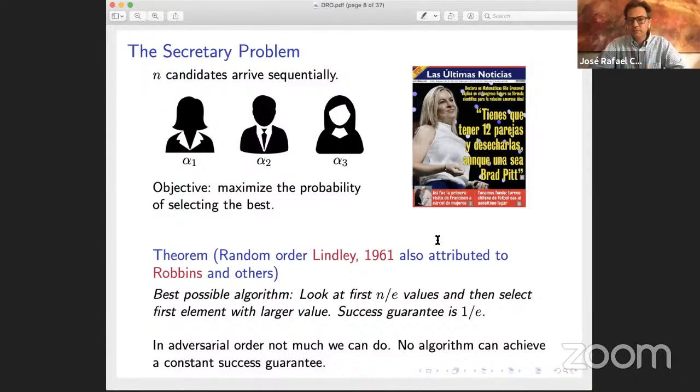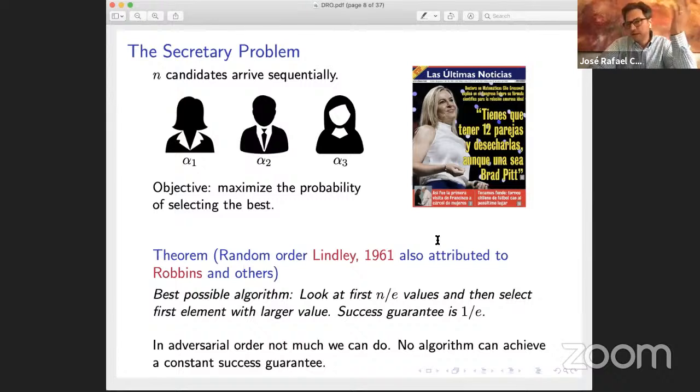So you look at the first n over e values, so roughly 37% of the values, and do nothing with these values. And after that, you select the first value that's larger than everything you've seen. Cool, simple algorithm. The probability of picking the maximum of the whole sequence with this algorithm is actually almost 37%.